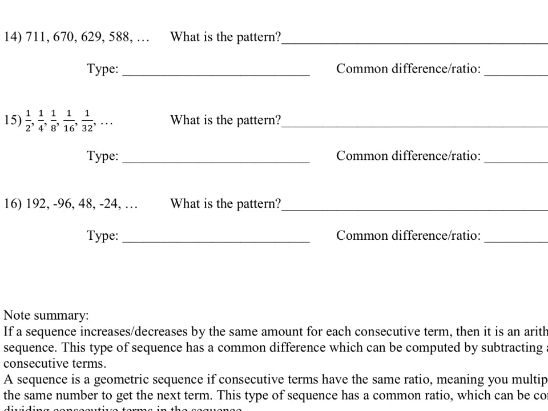Moving on to the last 3 here. This pattern actually did show up on the previous one. If you start at 711 and you subtract 41, you're going to get 670. If you subtract 41, you're going to get 629, and so on and so forth. So this one is going to be subtract 41 every time.